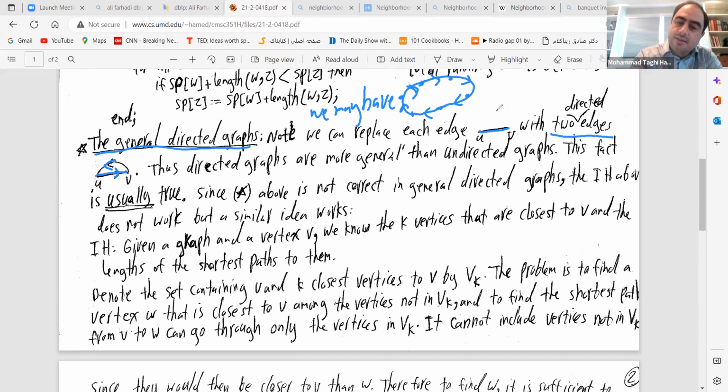If the length of this edge is c, then you put c here and c here. So this is equivalent. It means that if your graph is undirected and you want to find the shortest path, you can first make it directed using this reduction and then solve the problem.